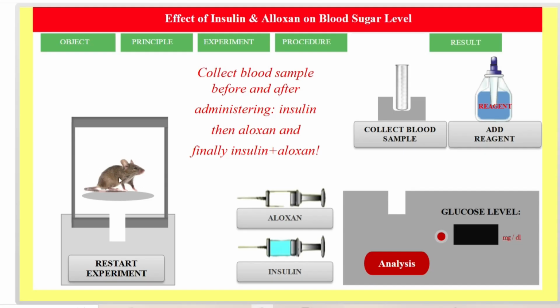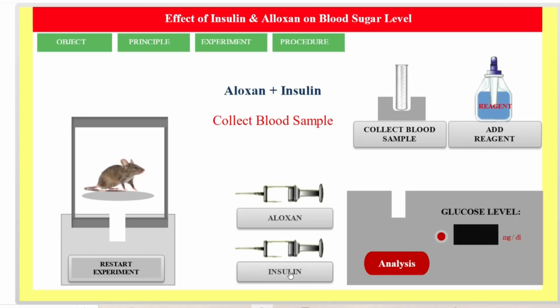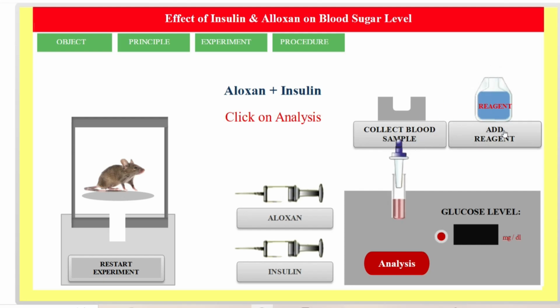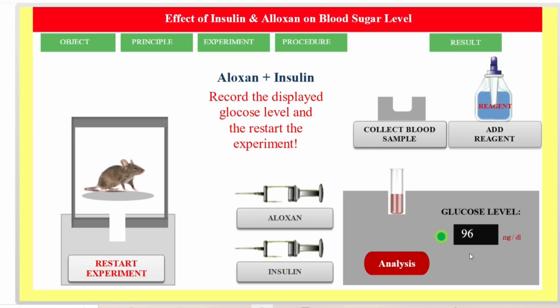Now blood glucose level is increased. Now we will give the insulin, and we will check the blood sample to check the blood glucose level. So now we will add the reagent and we will do analysis in the glucometer. It is showing 96 mg per dL.